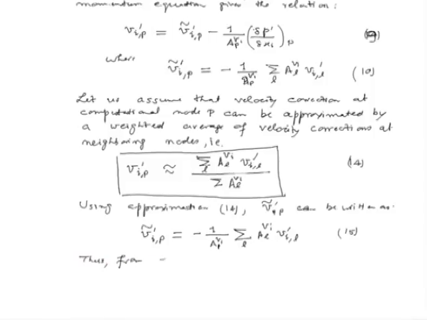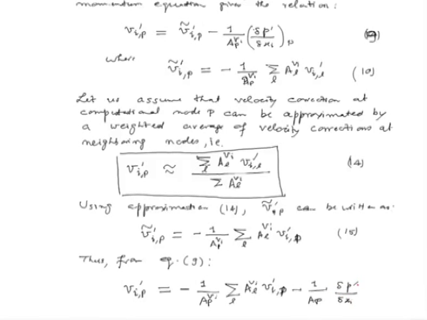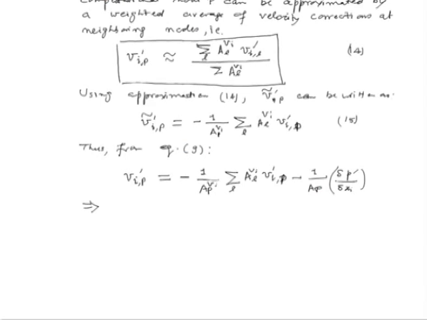thus from equation 9 what we will get, that Vi P prime is equal to minus 1 over APVI sigma L... or if we transfer the terms, multiply by this APVI and collect them together.